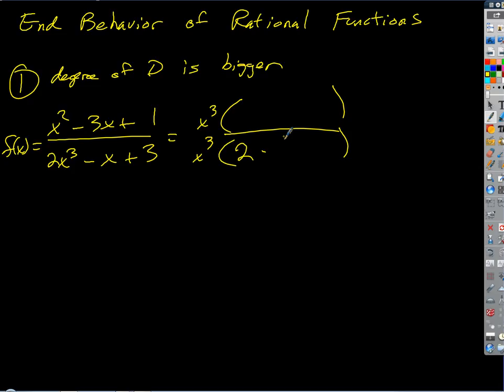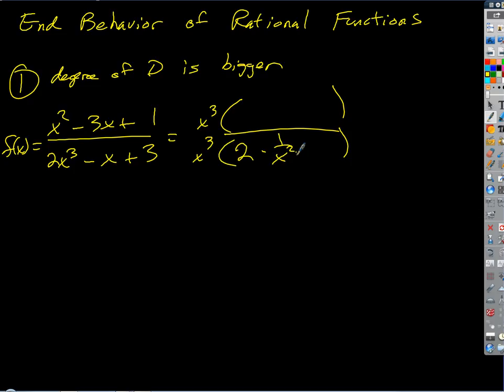Because when I factor something out of an expression, what's left behind, factoring is a process of division, right? I'm just dividing that away from each term. So x divided by x cubed would be 1 over x squared, yeah.